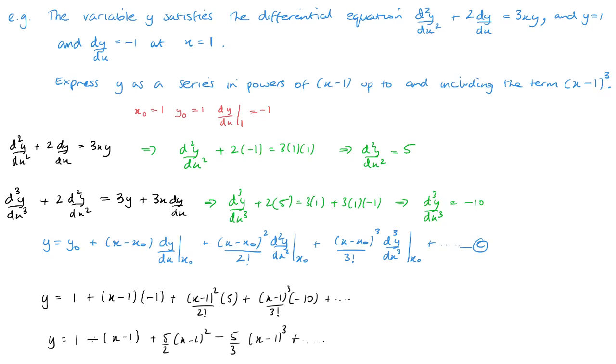If x0 equals 0, then this is just going to be x times dy by dx, and then x squared over 2 factorial times d2y by dx squared plus x cubed over 3 factorial times that. So it is basically just this equation for both of them effectively. The other equation is just substituting in x0 equals 0. But there we have it.